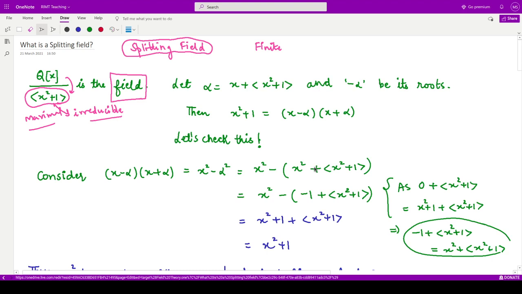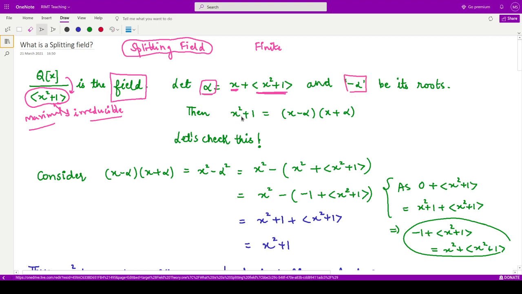So now if I am considering this polynomial x square plus 1 and I am assuming alpha to be its root, so what kind of element would alpha be? It would be x plus the ideal generated by this irreducible polynomial. So now if alpha is the root, then minus alpha would also be its root.